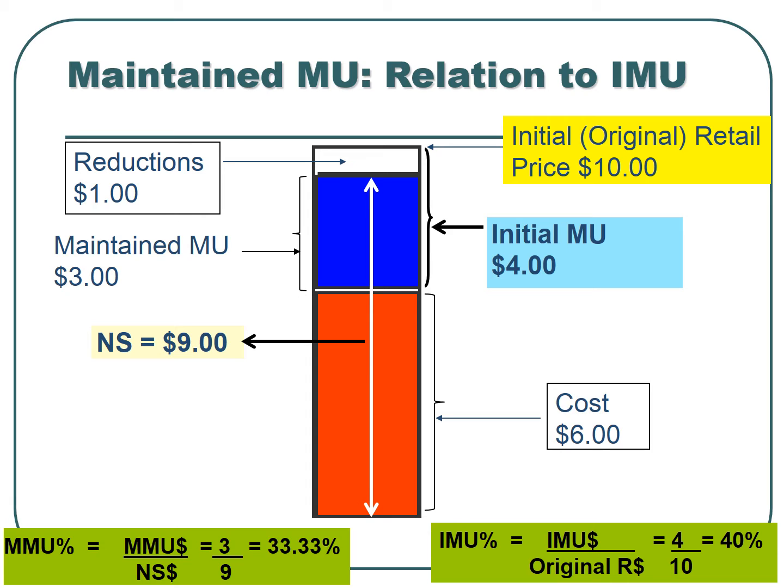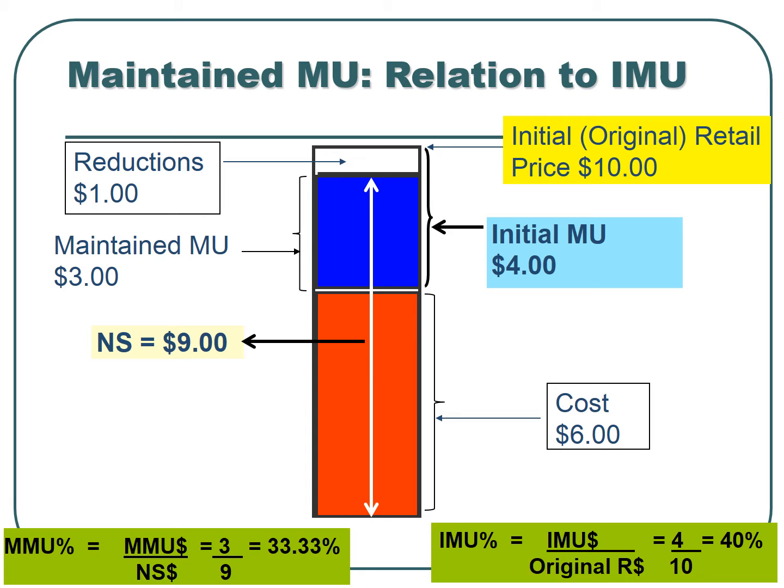So original retail minus cost would be equal to initial markup dollar, which we already learned in a previous module. Then maintained markup dollar would be net sales minus cost, so $9 minus cost of $6 gave us the maintained markup of $3. That's another formula that we could write down.